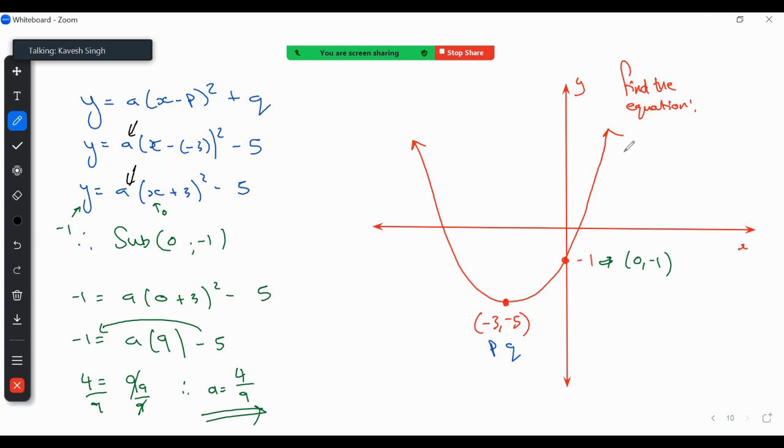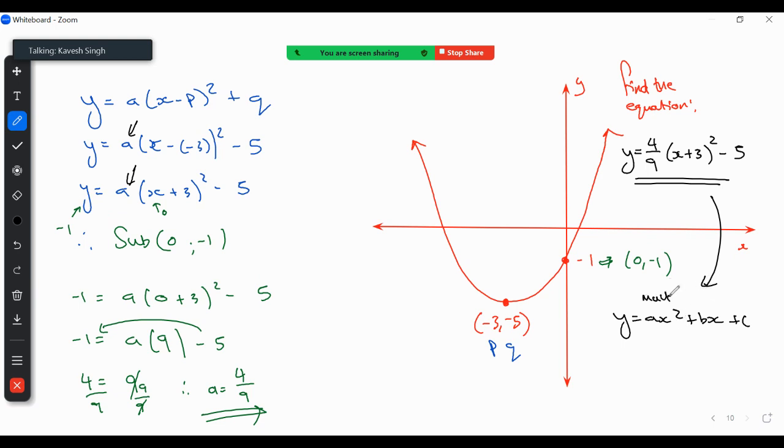I got my equation: y equals 4 over 9, x plus 3 squared minus 5. If they want me to write it in the form y equals ax squared plus bx plus c, then I've got to multiply the brackets out, multiply, simplify to go from there to there.